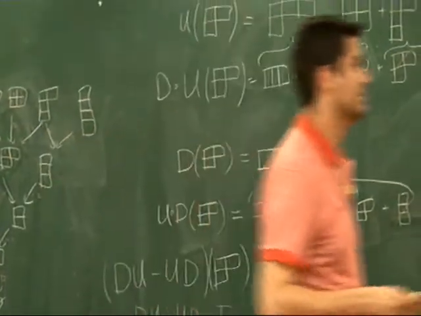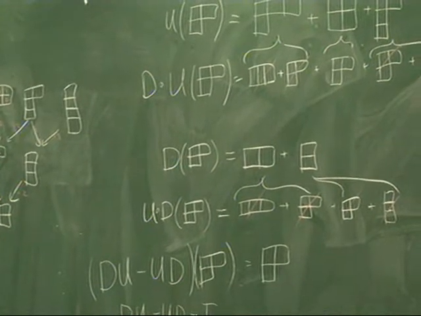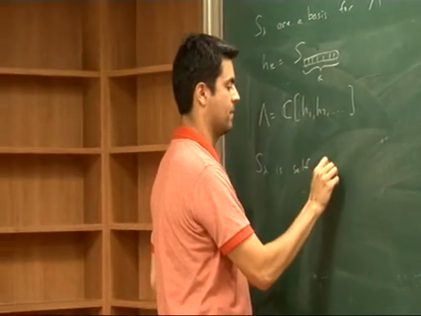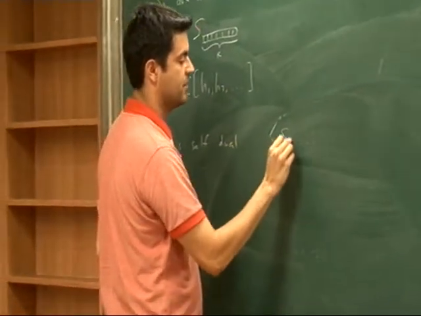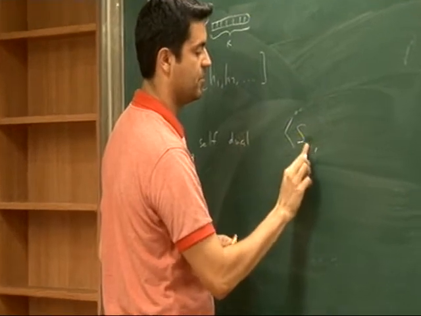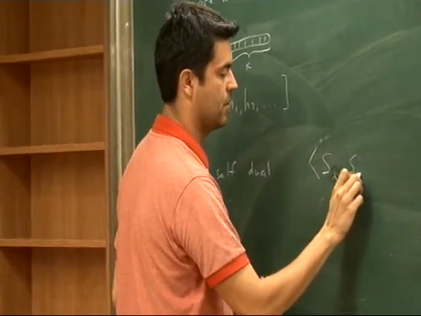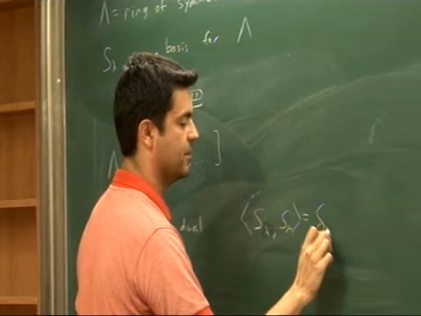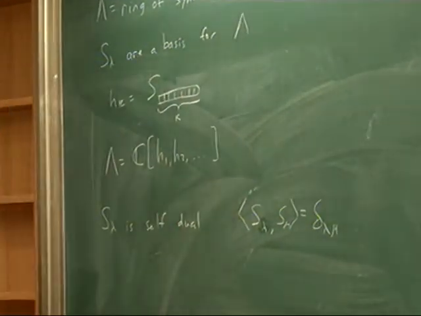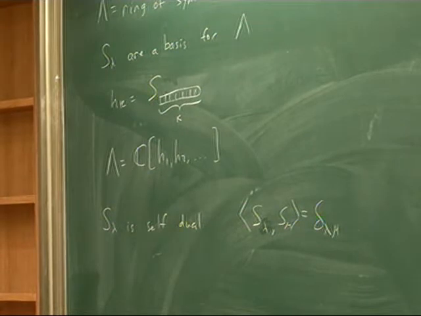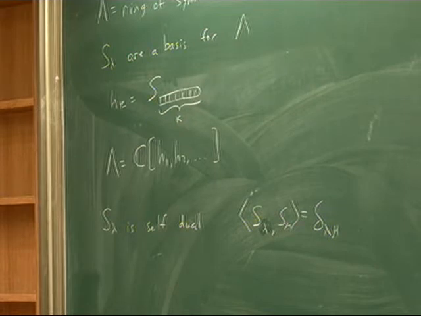Okay, and the duality of these two graphs actually translates to the fact that this basis is also a dual basis, in the sense that there's an inner product that makes s lambda, s mu equal to the Kronecker delta of lambda mu. Okay? That's exactly the same as saying that these two graphs are dual. So any questions so far before I go to the next object?